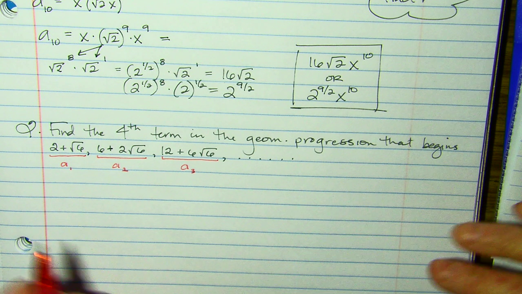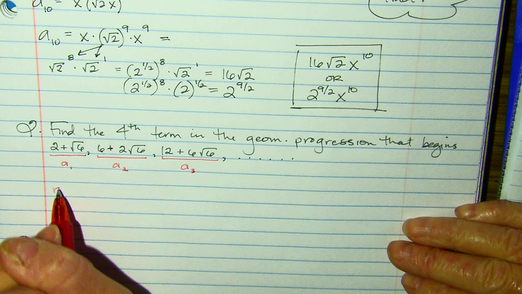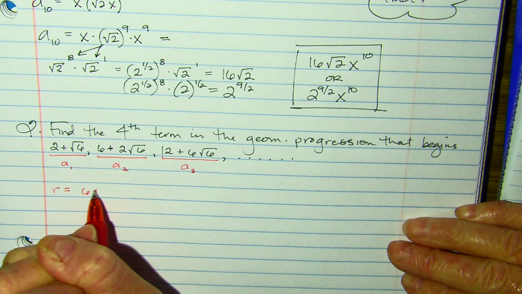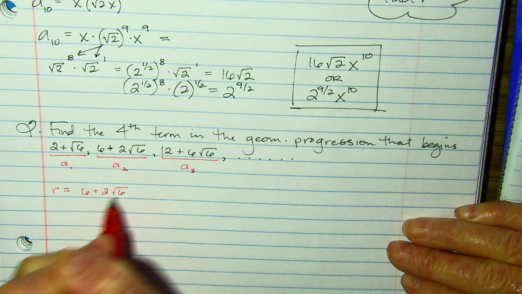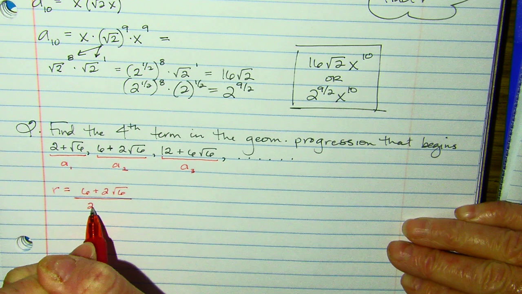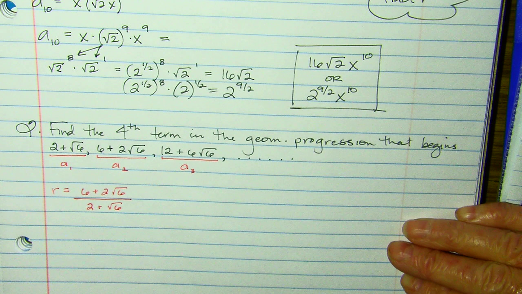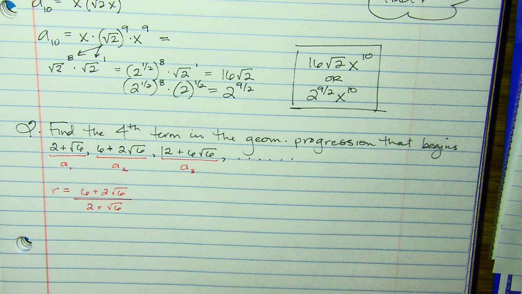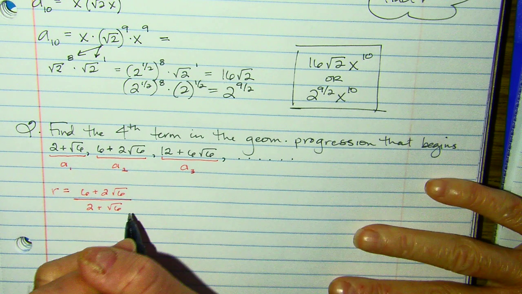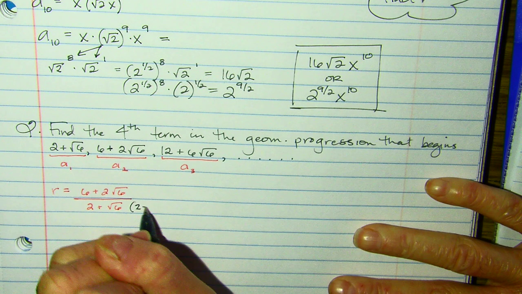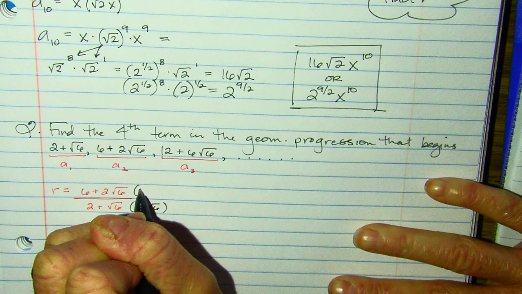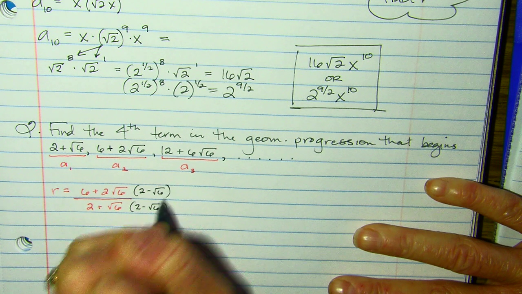Now to find r, r will equal my 2nd term divided by my 1st term. Now, this looks a little crazy, and I'm trying to think if there's an easier way to simplify, and there's not. So to find r, I have to rationalize the denominator.